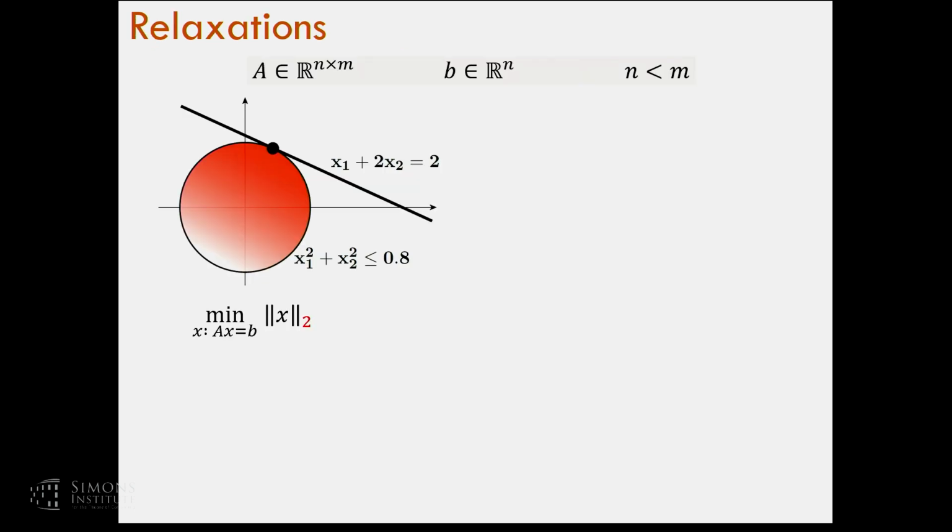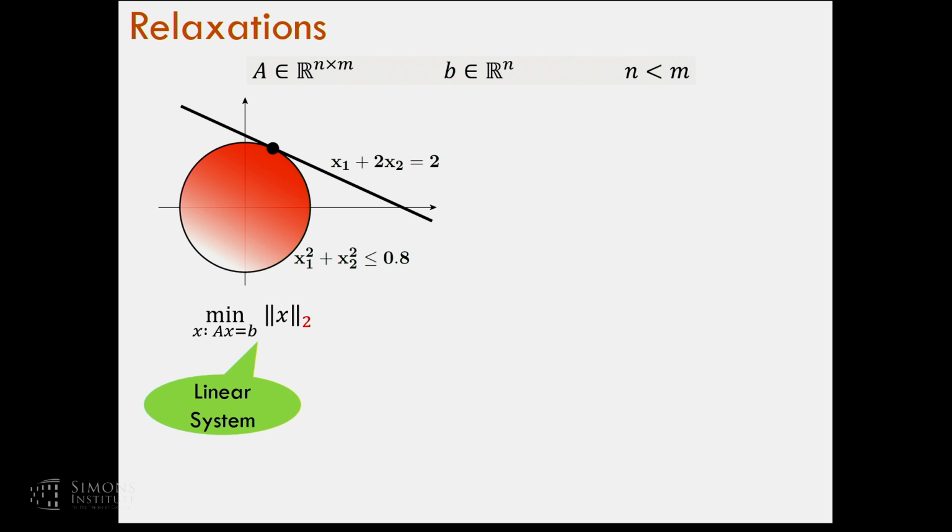The first relaxation that comes to mind, admitting the fact that the hardness comes from the 0 or the sparsity norm, is to relax it to the 2 norm. And here, the problem becomes the following: if you're given this subspace Ax equal to b, find the largest L2 ball centered around the origin which touches this subspace. Okay, so that's the problem.